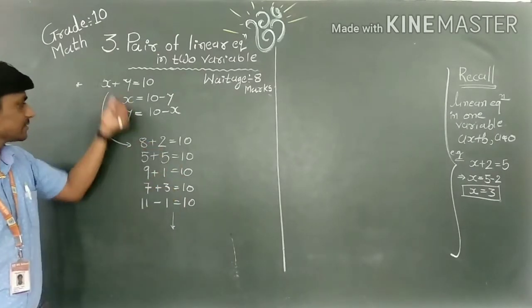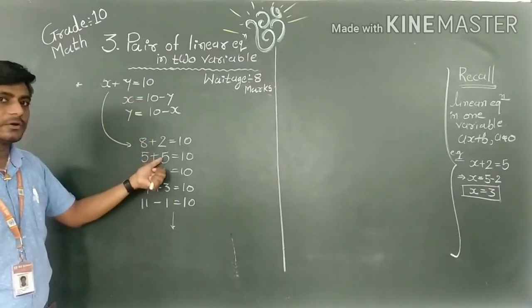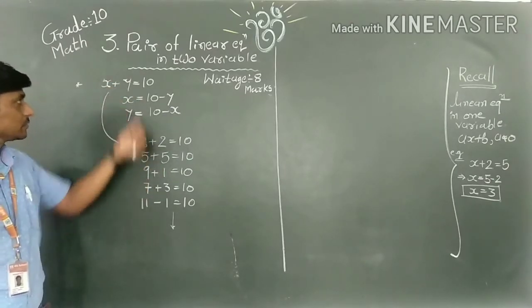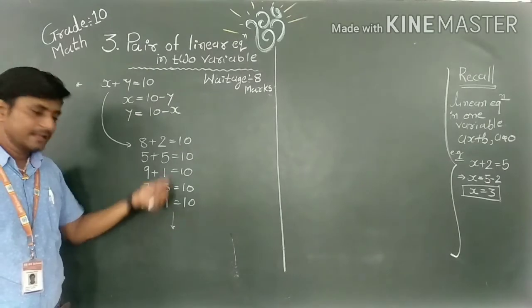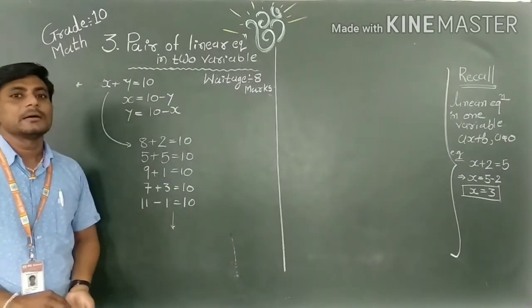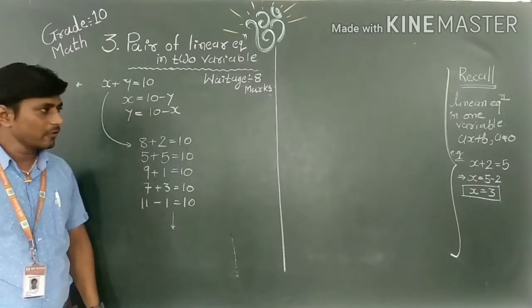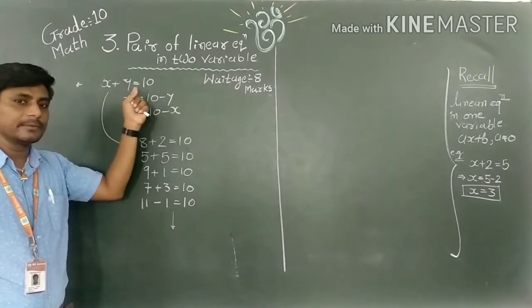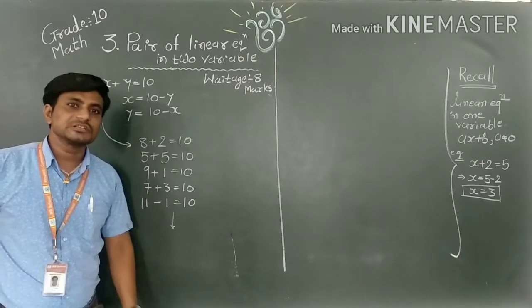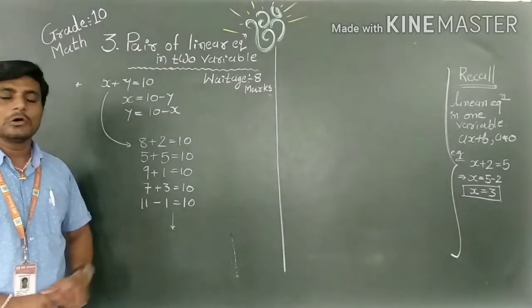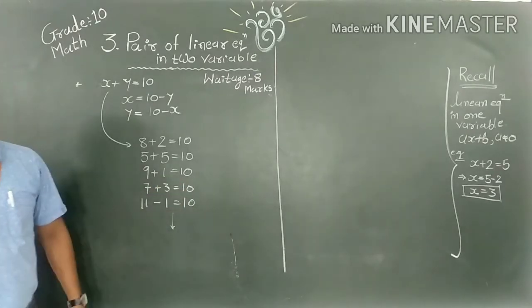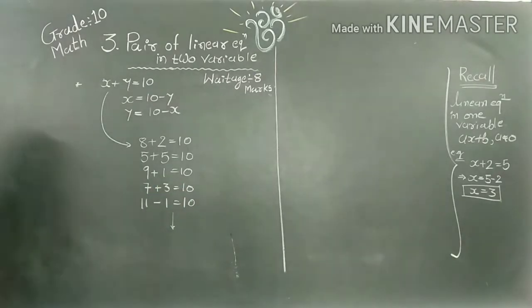It may be x equal to 5, y equal to 5, or x equal to 9, y equal to 1, or x equal to 7, y equal to 3, and so on. Therefore, with a single equation and two variables, we cannot justify a final value of x and y. Now, what do we do?